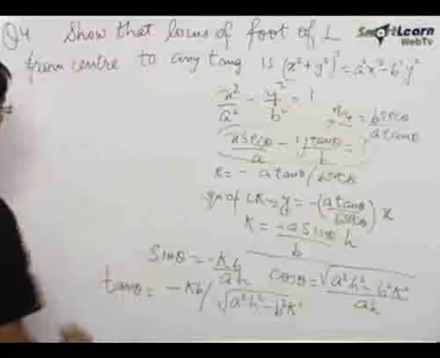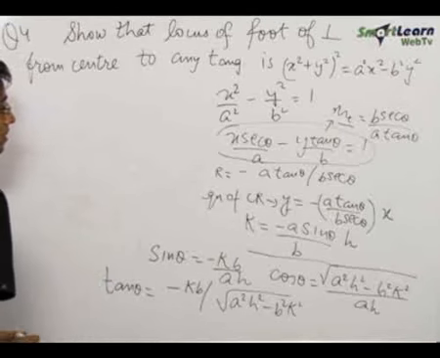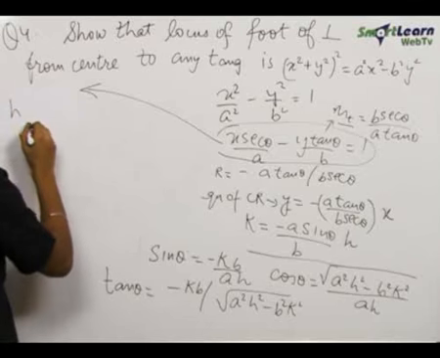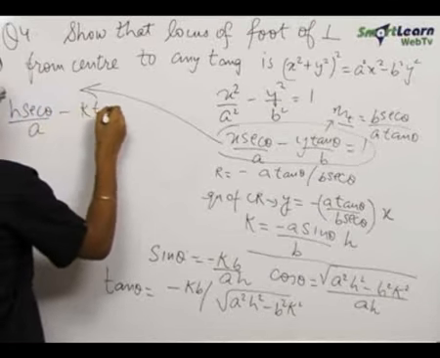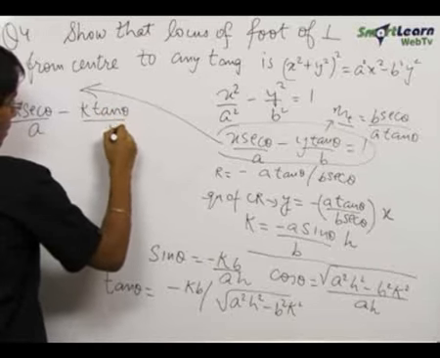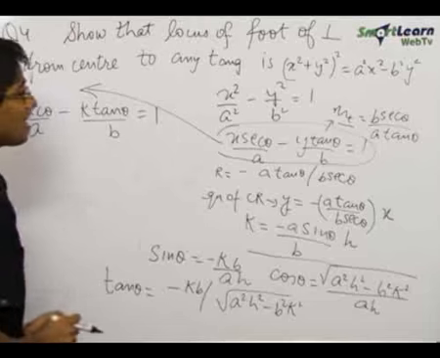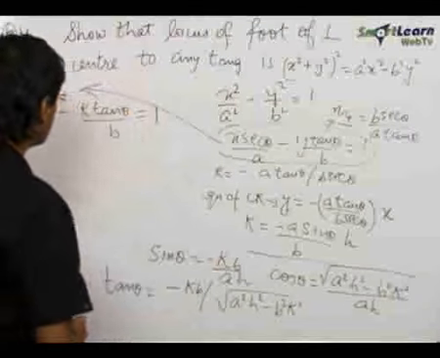Now since h comma k, that is the point of intersection of CR and the tangent, is also satisfying the tangent, we have h sec theta by a minus k tan theta by b is equal to 1. Since the point R, which is the foot of perpendicular from the center, is also satisfying the tangent.